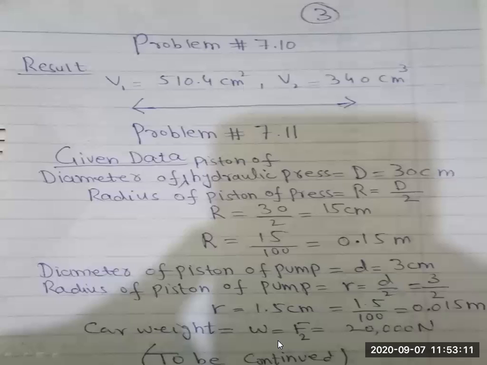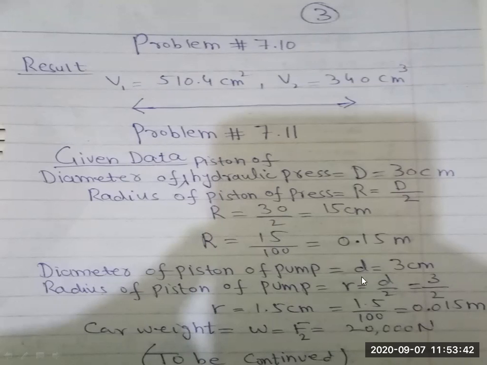The car weight is also given to me, which is F2, 20,000 Newton. If you look at the numerical statement, lifting a car weighing 20,000 means F2 is given as 20,000 Newton. The only thing I did was convert diameter into radius, and then centimeter into meter.